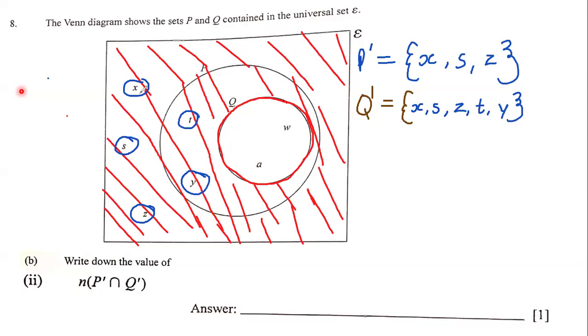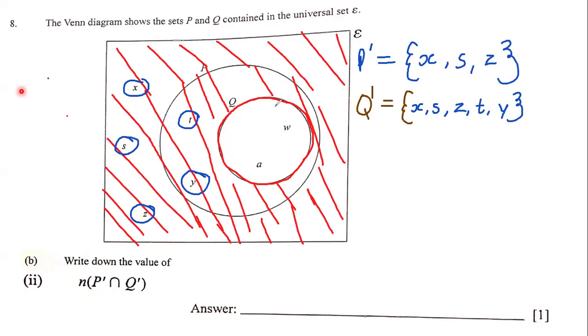So we can include the X, the S, the T, the Z, the Y, but we cannot include the W and the A. That makes sense? So that's why we have X, S, Z, T, and Y, but we do not include Q. All right? You understand that?